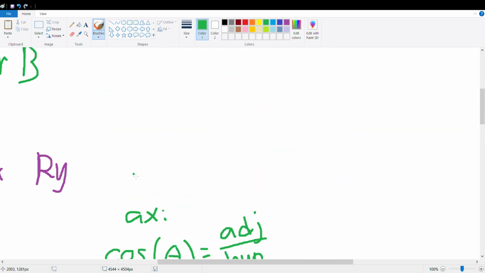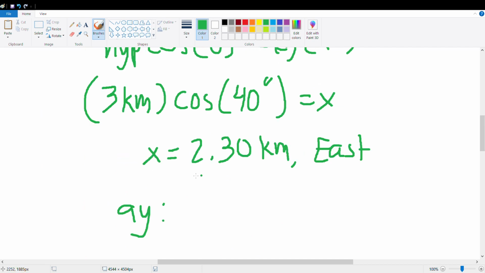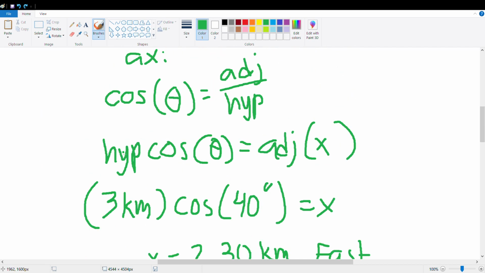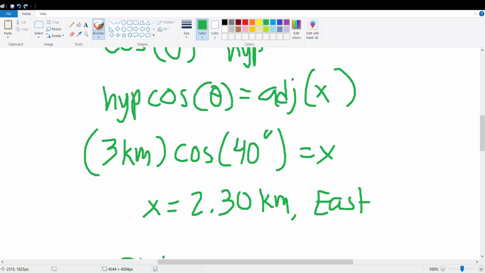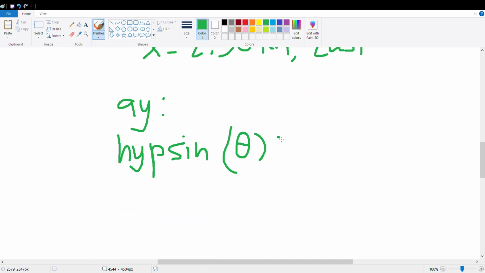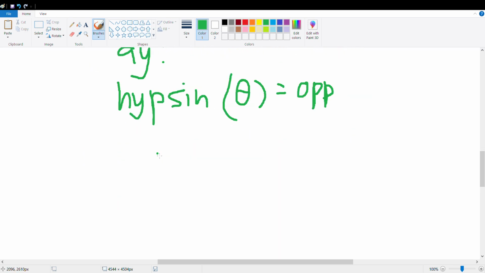So for the AY, it's basically the same as this, but instead of using cos, we're going to be using sine. So sine theta equals opposite, which is our x.